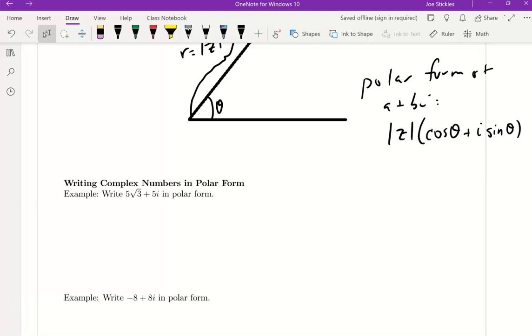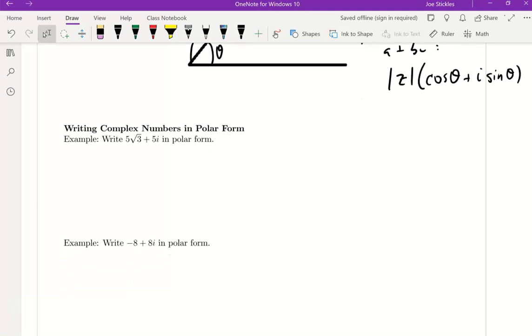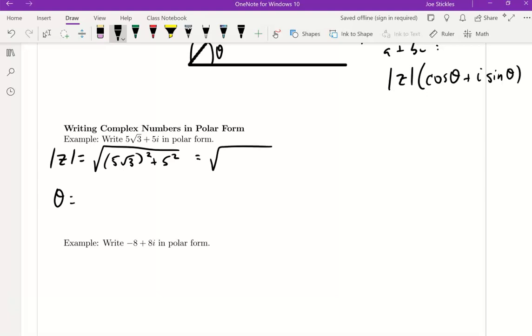All right, so let's see if we can do these. The first one asks us to write 5 root 3 plus 5i in polar form. Just like we did back in polar, the first thing I got to figure out was what the R value is. In this case, the R value is the modulus of the number. Remember, we calculate that as square root of the real part squared plus the imaginary part squared. 5 squared is 25.